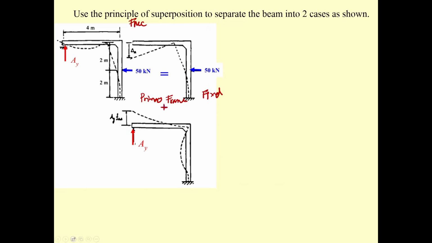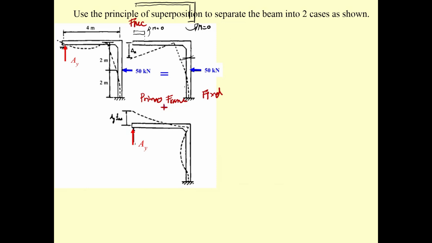And then on this one, if you consider this portion of the frame, you will see the moment over here is going to be zero. No applied loading. Then if you cut it over here and draw another free body diagram, you can see this portion is going to have moment equal to zero.